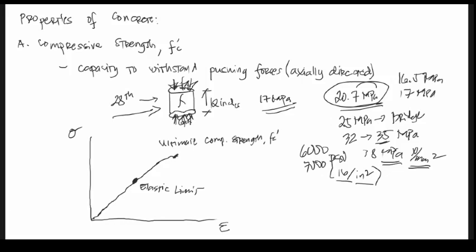That is your FC prime, no? So pagdating sa point na to, nag-fail na siya yung concrete mo. Hanggang sa bumitak, that is now the breaking point. So yan ang ibibigay sa yung graph ng compression machine.